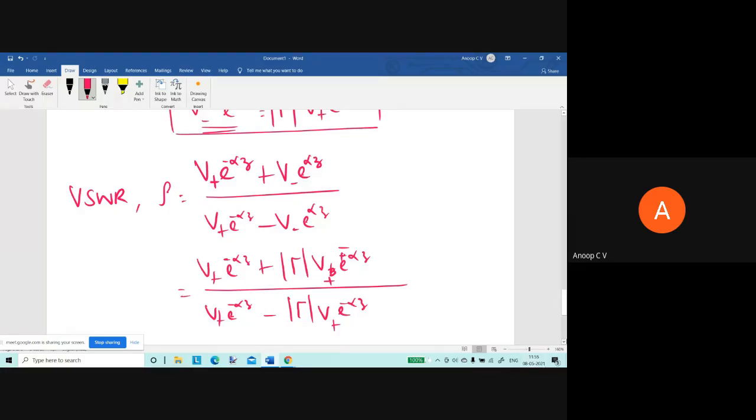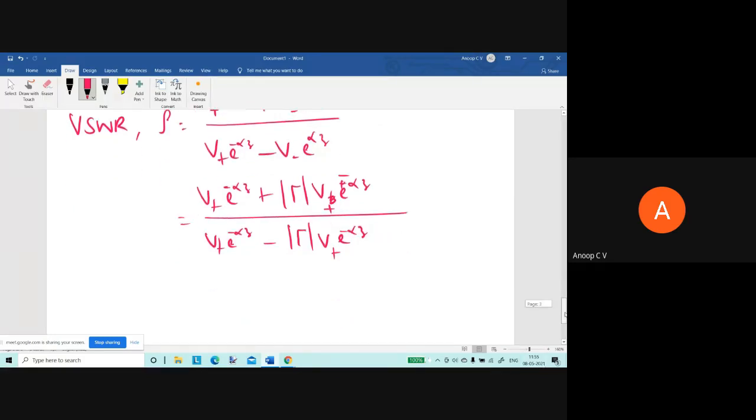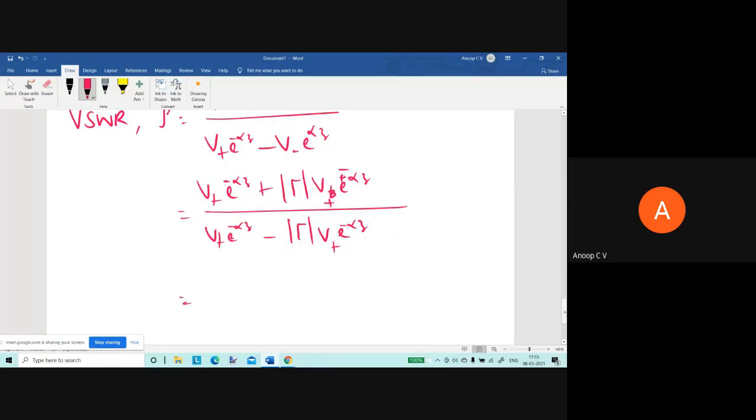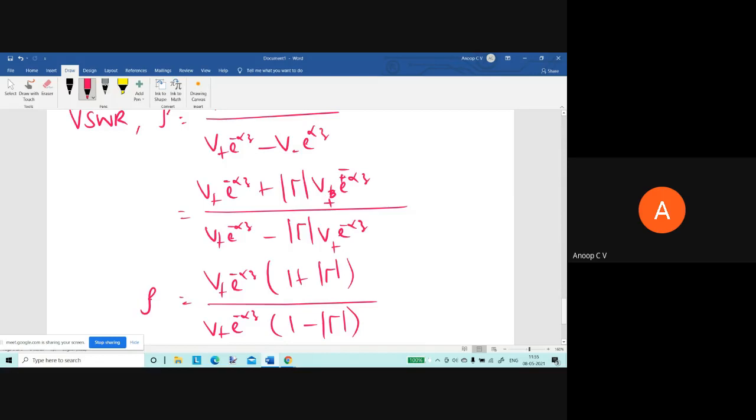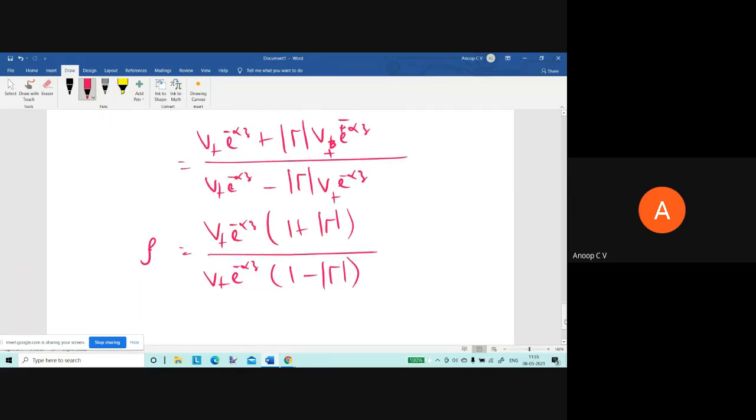So we will get V plus e power minus alpha z into 1 plus mode of gamma, divided by V plus e power minus alpha z into 1 minus mode of gamma. This is rho. The V plus e power minus alpha z terms get cancelled.